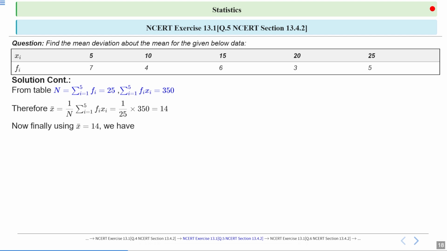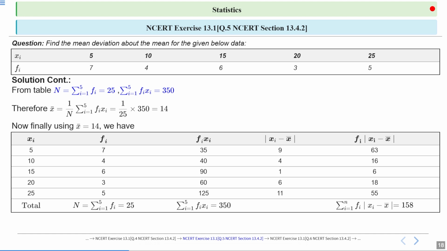Now finally, using x bar equal to 14, we can move on to the next step. We will use this mean to find the absolute deviations of each data value from the mean, which is needed for the mean deviation calculation. So in this table, we calculated absolute deviations |x_i minus x bar|, and then we multiplied f_i with the absolute value of x_i minus x bar.